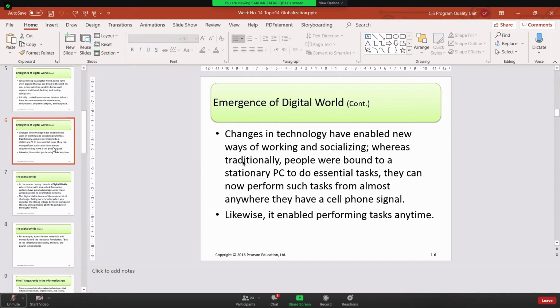Now 3 crucial meetings at the same time with different people is possible. So this is the change of thinking, the change of behavior, the change of thinking about doing business, just because of the emergence of the digital world and the new technology.